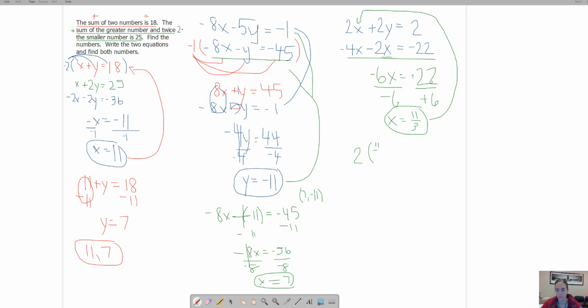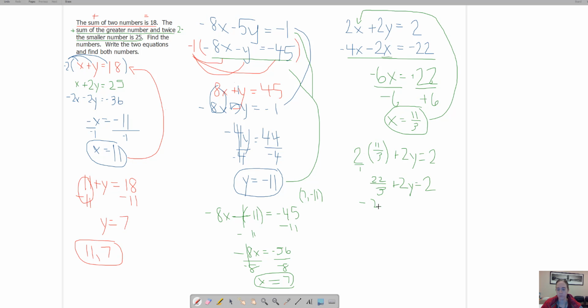So 2 times 11/3, because that's what x equals, then plus 2y equals 2. Okay, so we're going to multiply these two together. And like I said, if you want to use a calculator, that's totally fine. So this is 2 times 11 on the top, so that's 22 over 3, and then plus 2y equals 2.